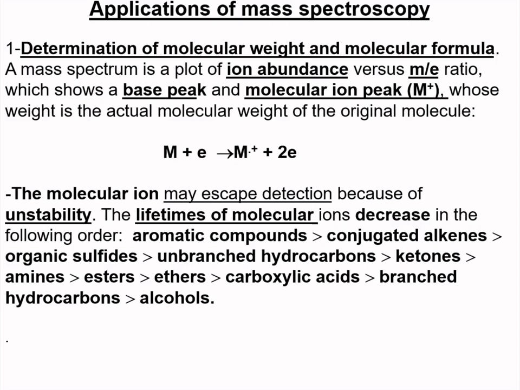The molecular ion sometimes is unstable. Stability and its abundance actually decrease in the following order. Aromatic compounds usually have the highest stability, followed by conjugated alkenes, followed by various sulfides, and so on in this sequence. For example, alcohols have low stability because they undergo dehydration, and the molecular ion cannot be seen. In this case, we resort to the use of mild ion generation techniques.